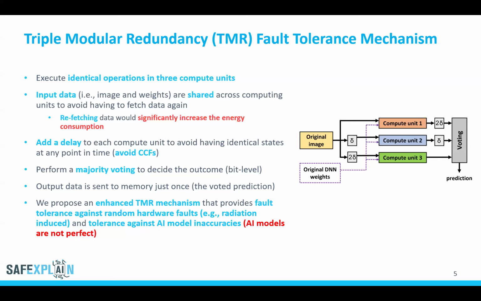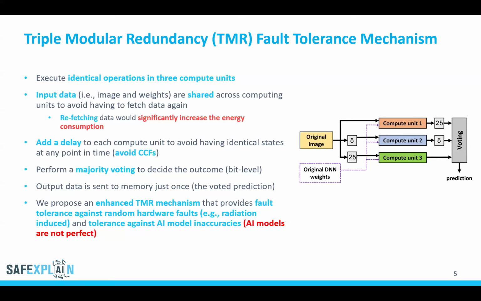The input data, which are the image and the weights, are shared across the redundant components, because if we had to refetch all this data, it would significantly increase the energy consumption, as I previously mentioned. To obtain diversity, we add a short delay, specified here with delta and 2 delta, to each of these computing units, so that we avoid having identical states at any point in time. So we can avoid these common cause failures.